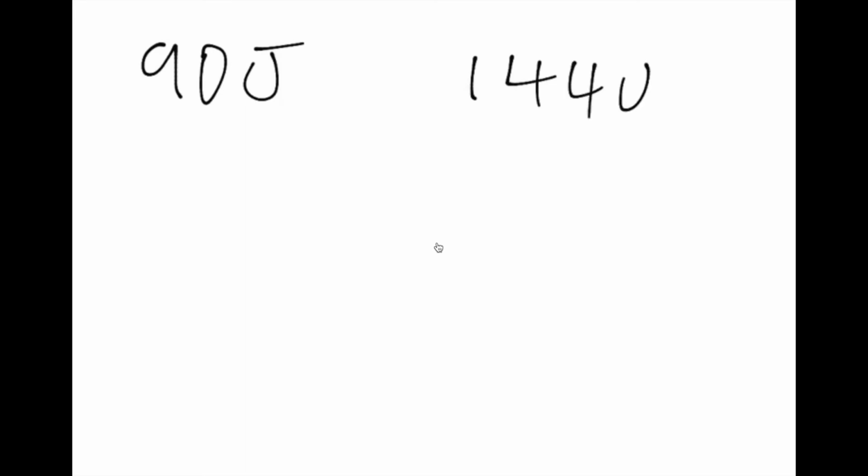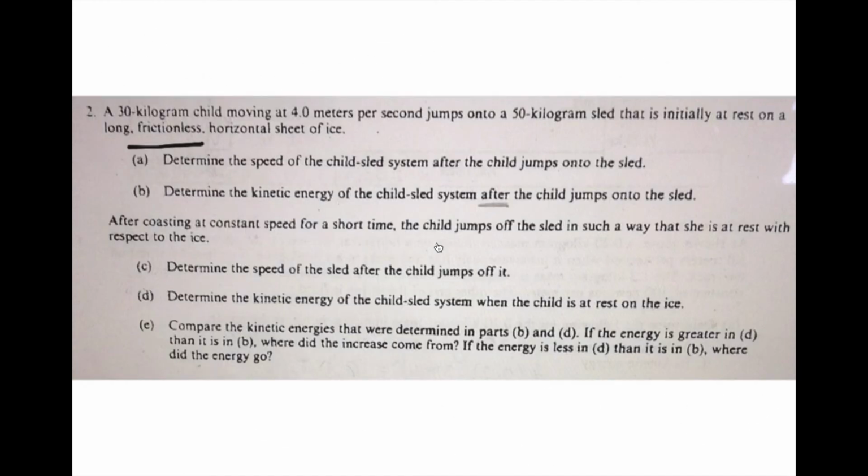For part B, when the child jumped onto the sled, we got that the kinetic energy was 90 joules, and afterwards, when the child jumped off the sled, we got 144 joules of energy, which means that there was an increase in energy from when the child jumped onto the sled to the point where the child jumped off the sled.